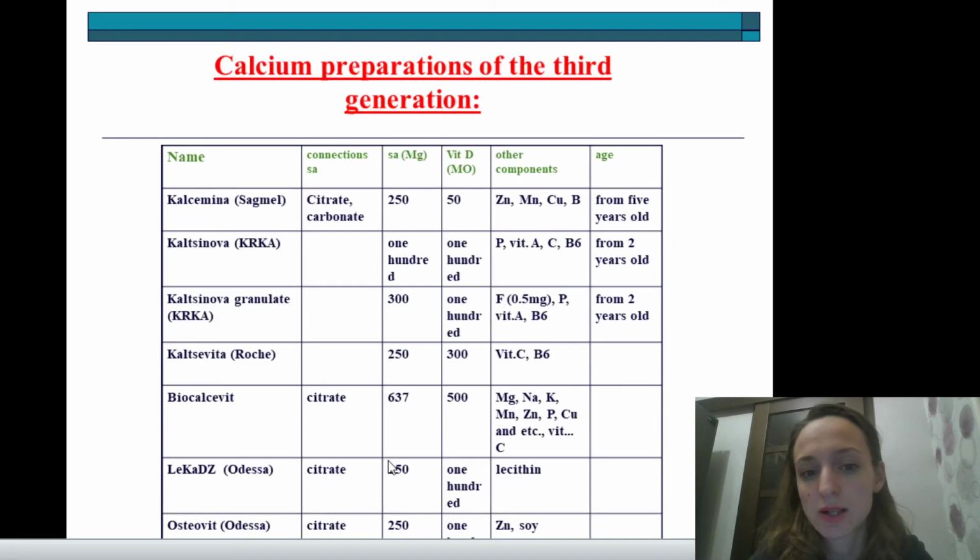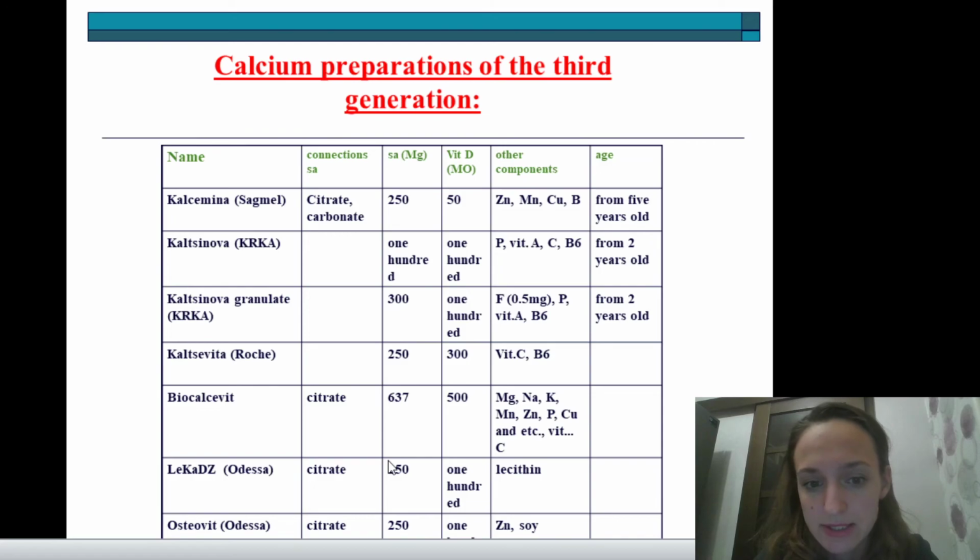And calcium preparations of the third generation are Calcimin, Calcinova, Calcinova granulate, Calcivita, Biocalcivit, Leca-D3, and Osteovit.